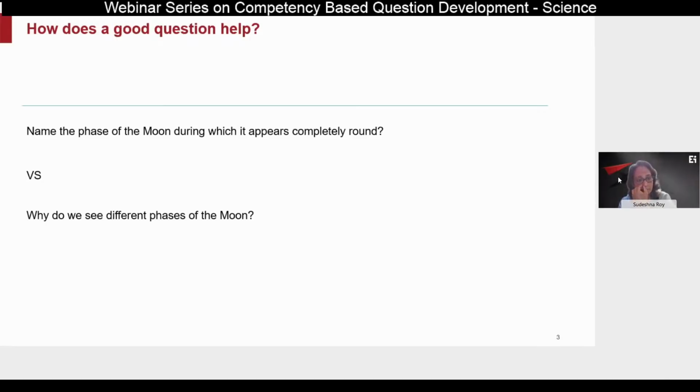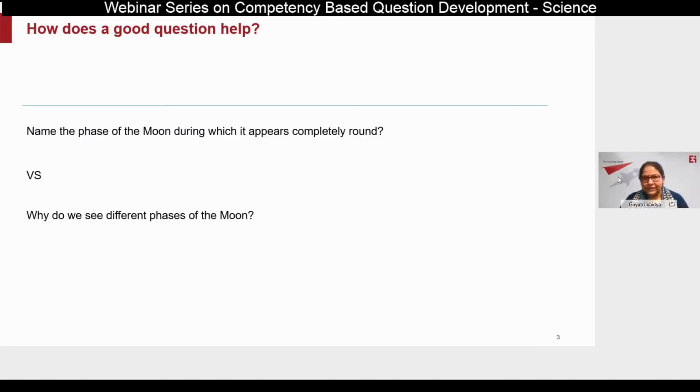Thanks Sudeshna for putting these questions together. When we look at the first question and put ourselves in the student's shoes, we can imagine that we only need a name. It's a very memory recall based question. If I know the name of that phase, I can immediately produce it and get a correct answer. Very factual. I wouldn't even call it knowledge based. It's just memory.